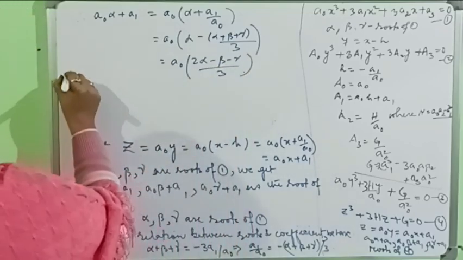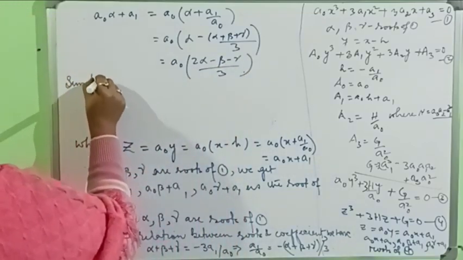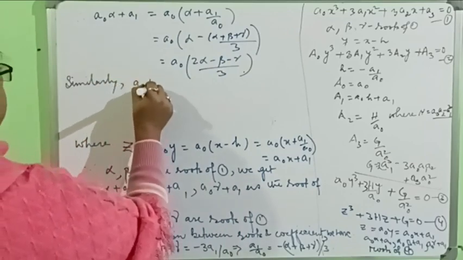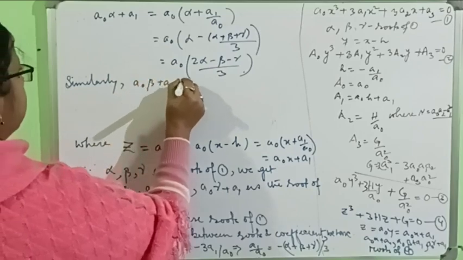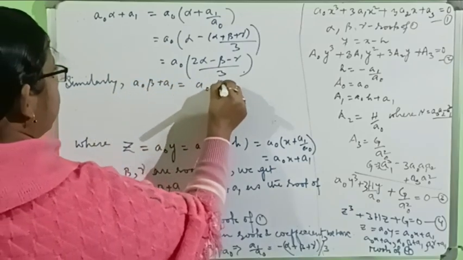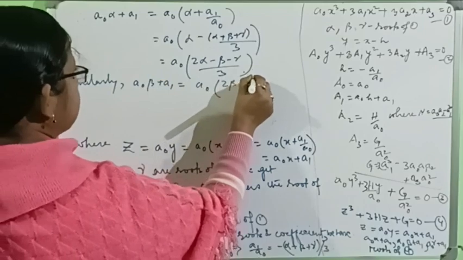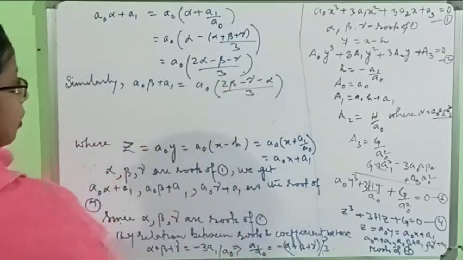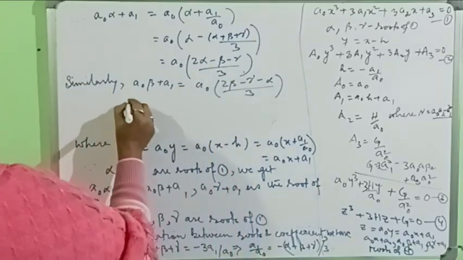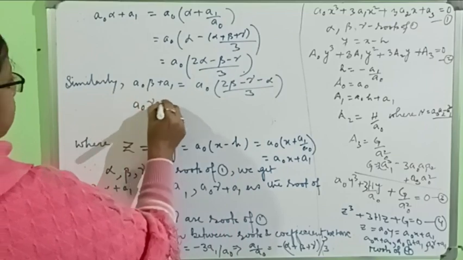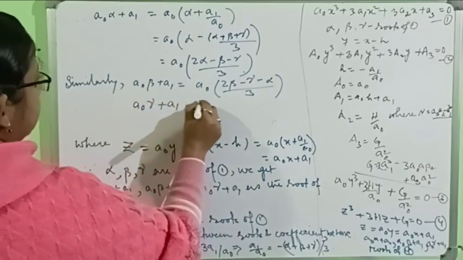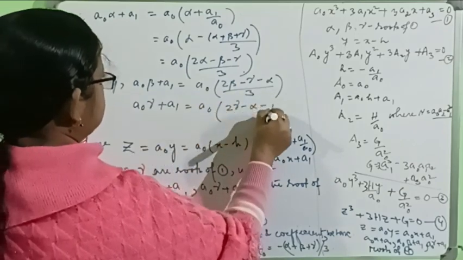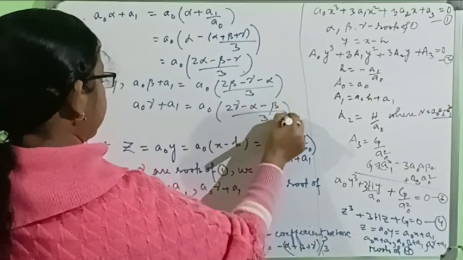Similarly, a naught beta plus a1 equals a naught times 2 beta minus gamma minus alpha by 3. And a naught gamma plus a1 equals a naught times 2 gamma minus alpha minus beta by 3.